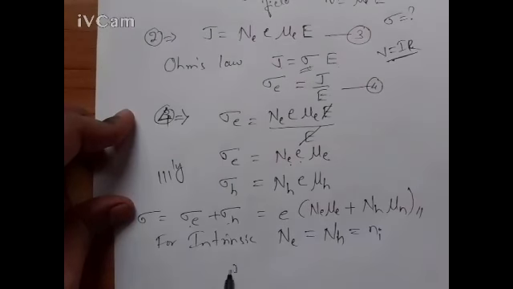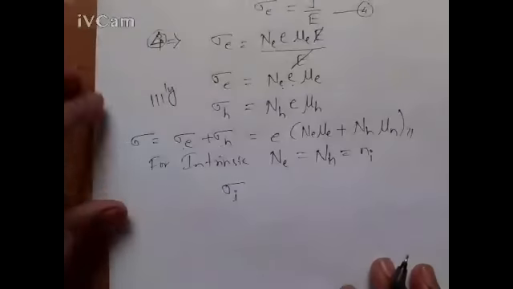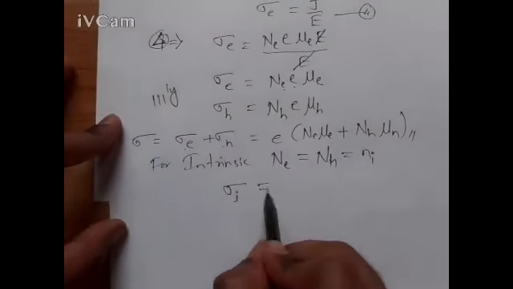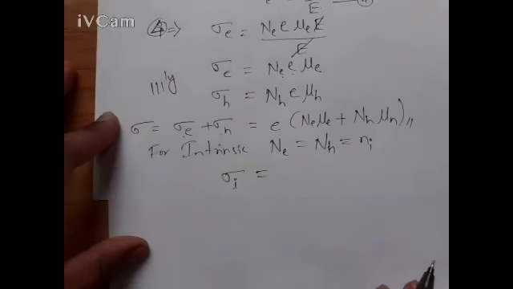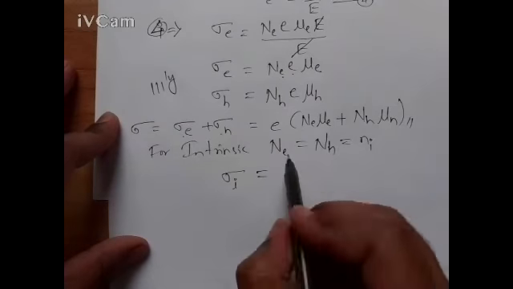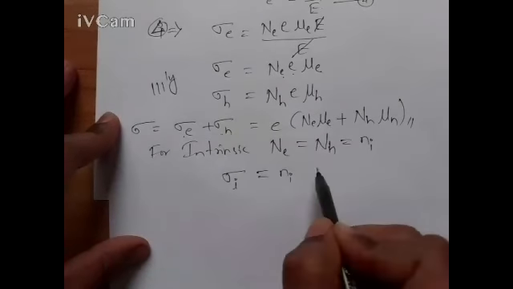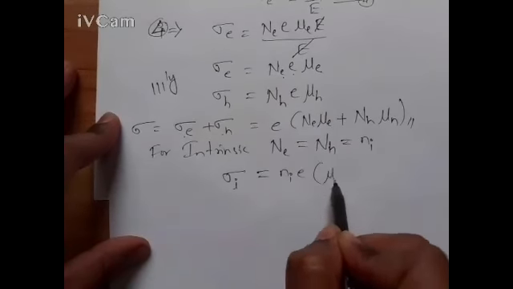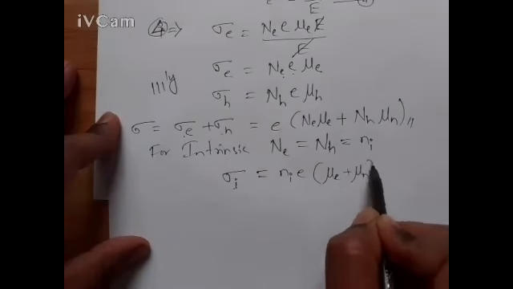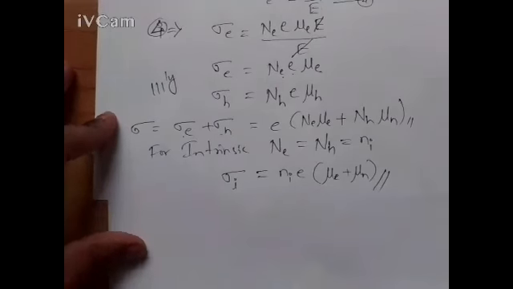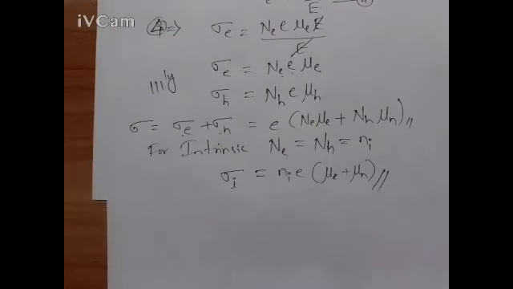When I substitute that, I take this Ni outside, then E, and I remain with the mobility of electrons plus the mobility of holes. The mobility will be different for electrons and holes. So this is the final conductivity equation, right?